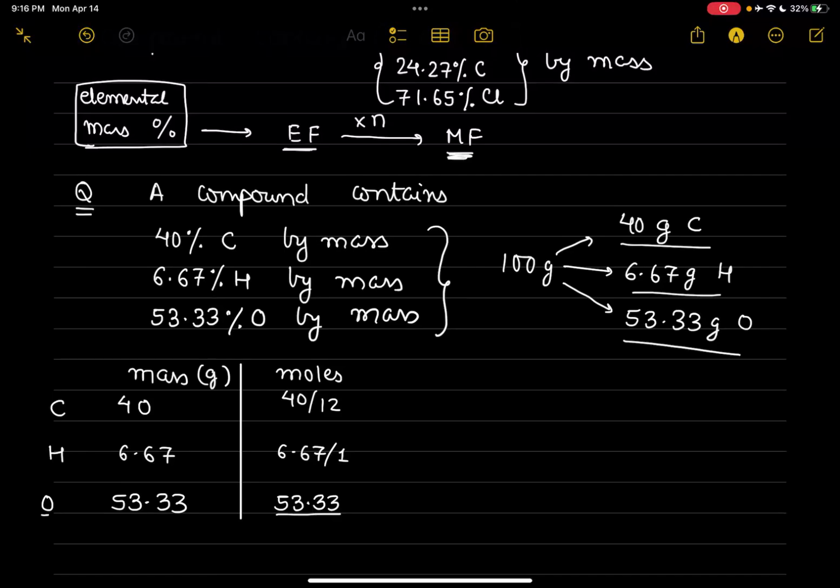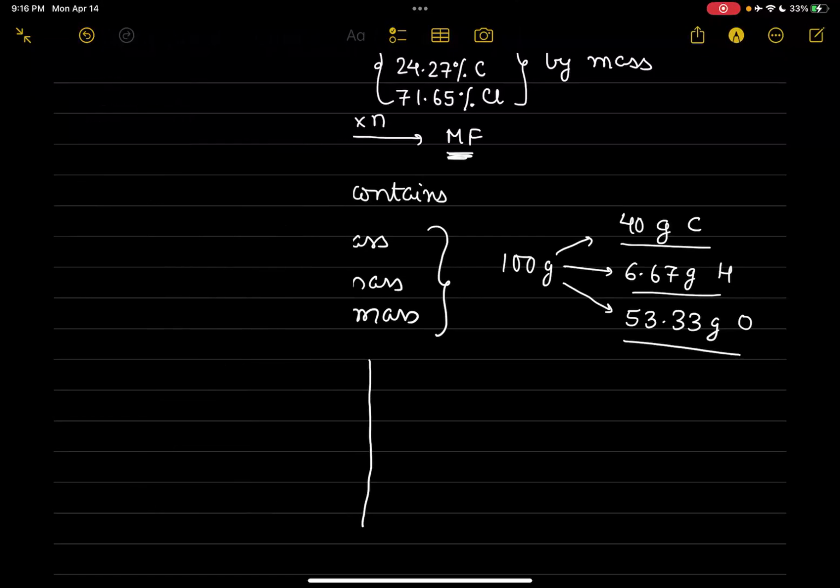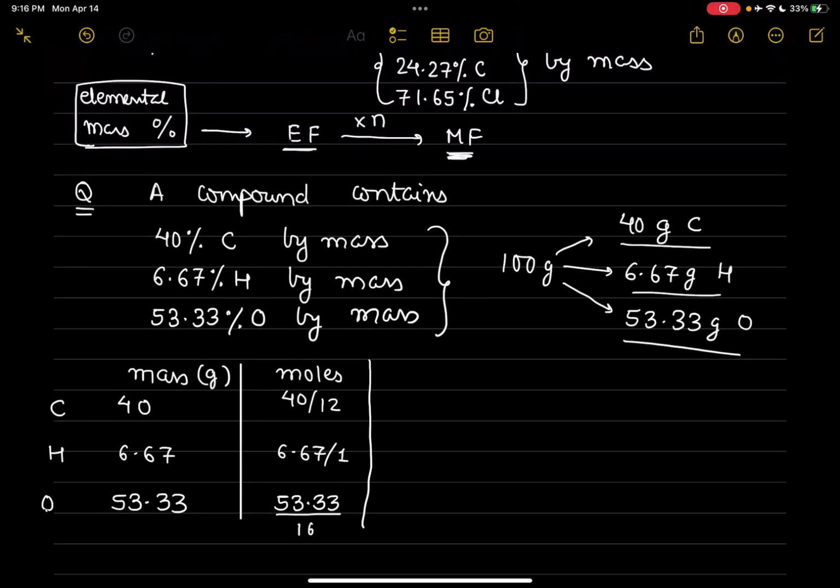You need to take the mass of O, not O2. And O is how much? 16. Is that clear to you? Okay. So you will get the value. Some values you will get.